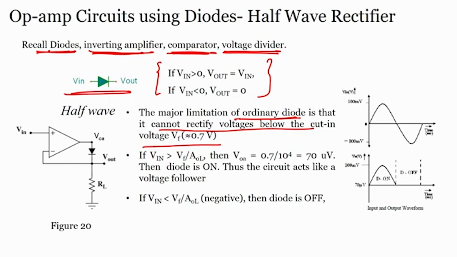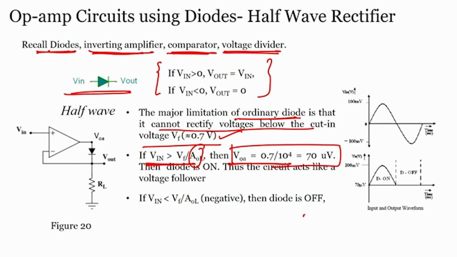Now if V in is greater than Vf by AOL, then VOA is 0.7 by 10 raised to 4. 0.7 is this voltage, and 10 raised to 4 is the open loop gain of the operational amplifier. So you get a voltage of 70 microvolts.